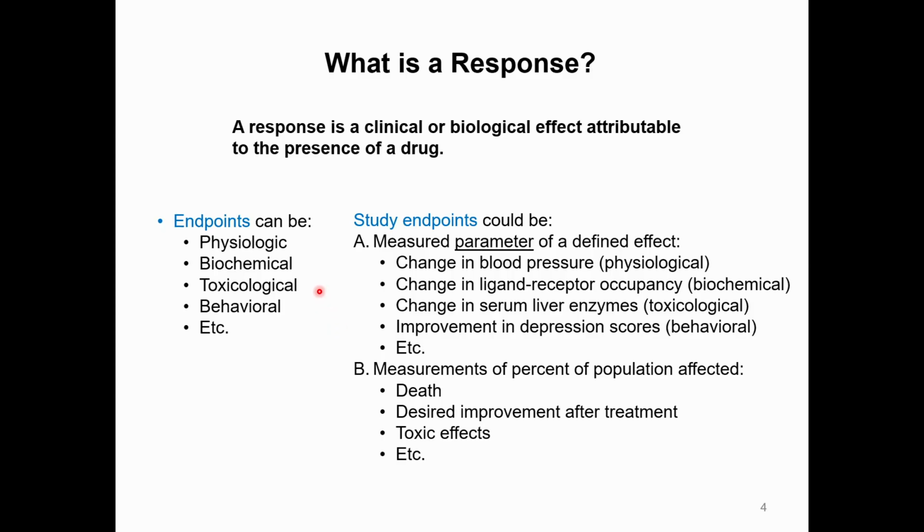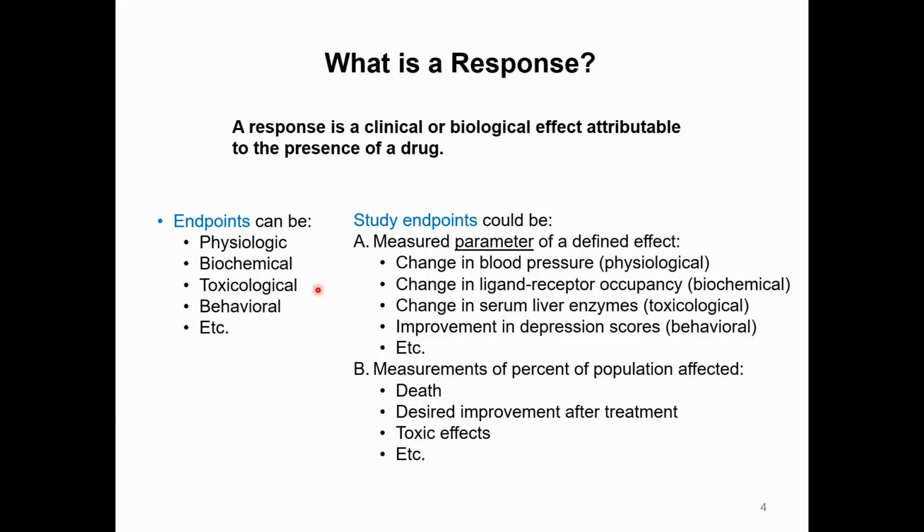Other endpoints we can look at are toxicological. We're basically talking about adverse events or side effects. And there, if we're doing endpoints that are toxicological in nature, how much toxicity is allowable? What is a reasonable amount of toxicity? And there are such things as reasonable amounts of toxicity.